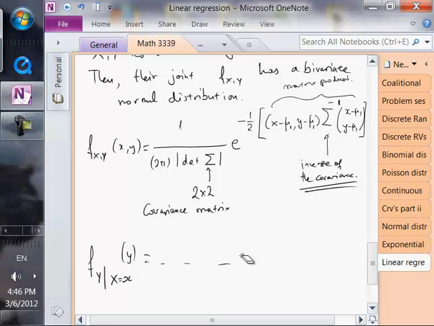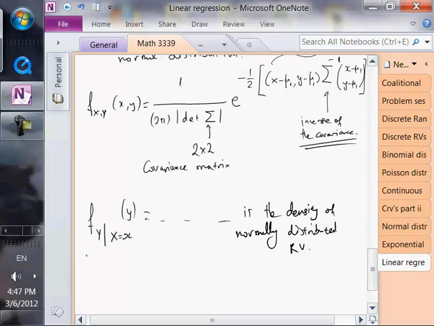This is the density of a normally distributed random variable. That's the important thing, and this is exactly what we call linear regression.